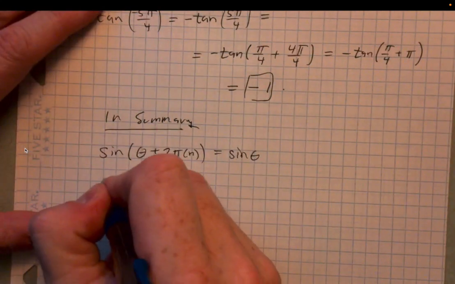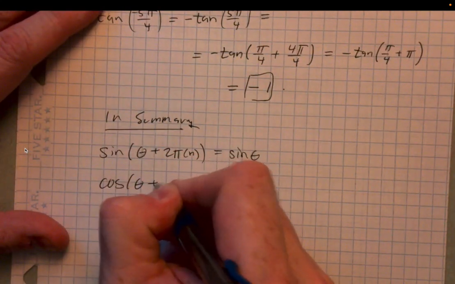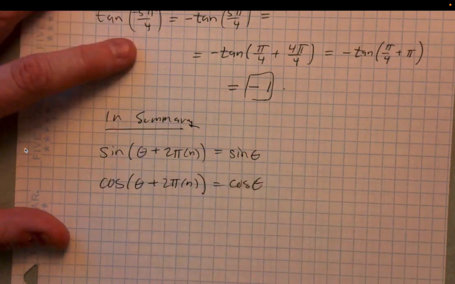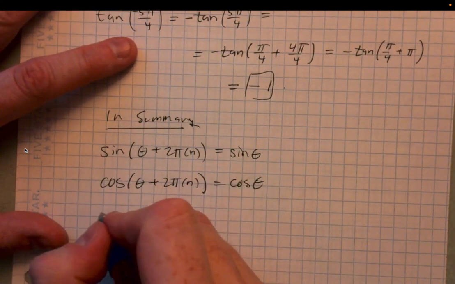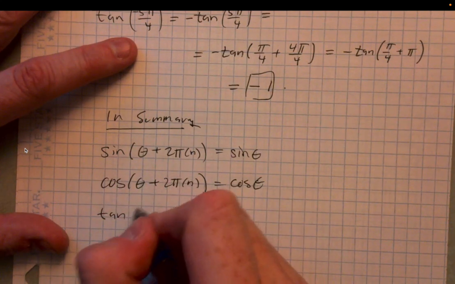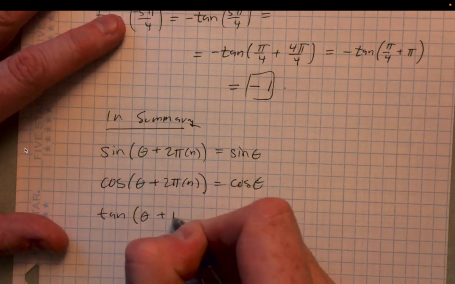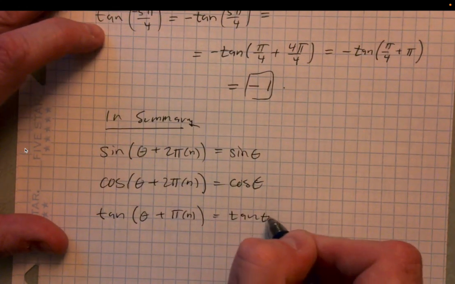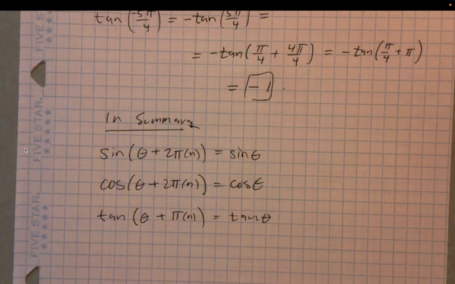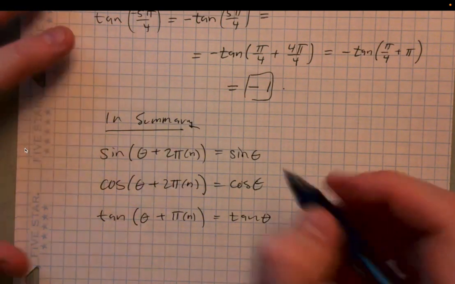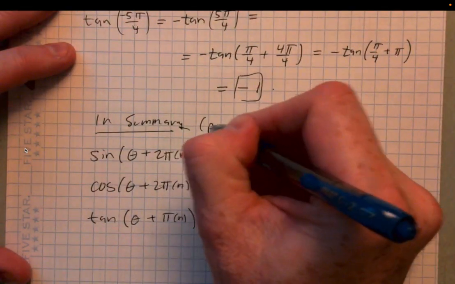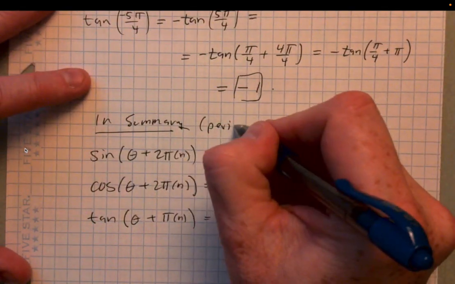The same thing is true for the cosine, and something very similar for the tangent. Tangent of theta plus pi times n is the tangent of theta. That's a summary of the period properties of sine, cosine, and tangent.